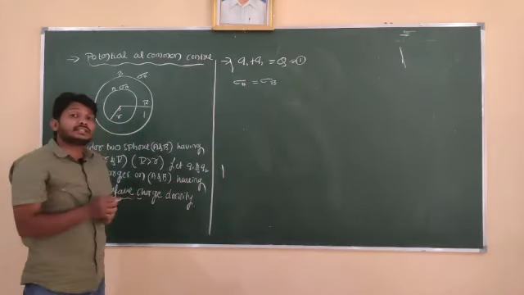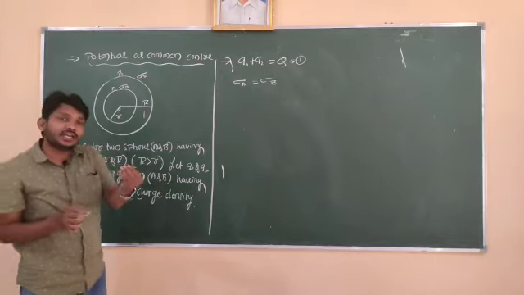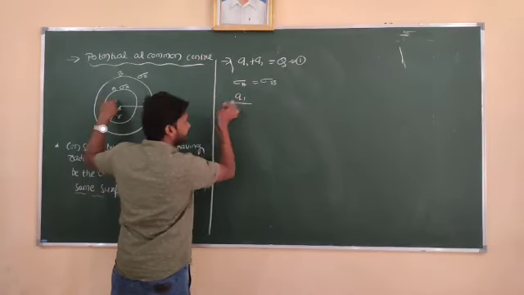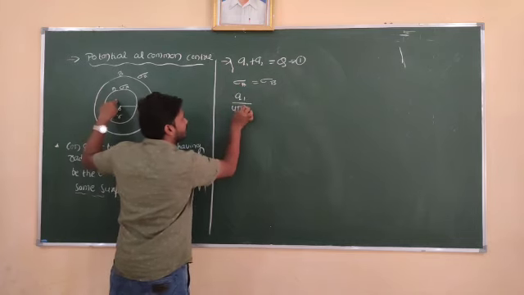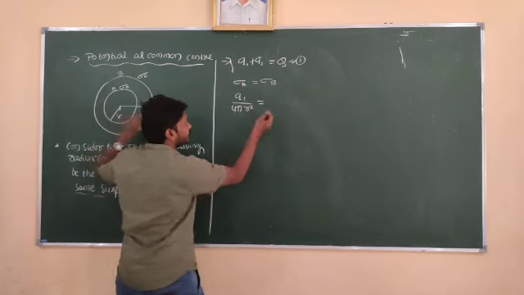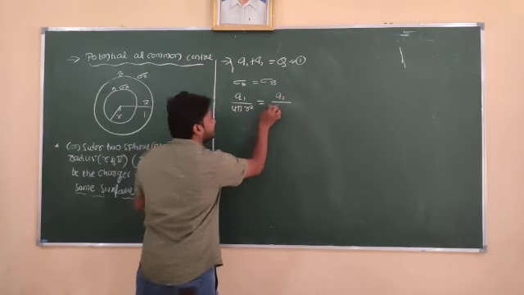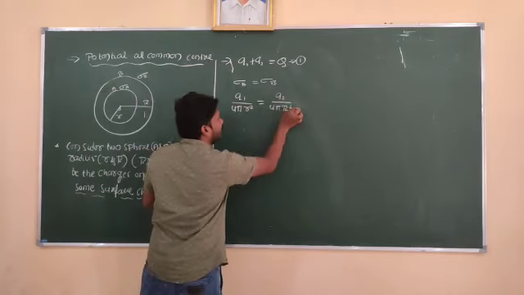Surface charge density is nothing but charge per unit area. The charge on sphere A is Q1 and the area of the sphere is 4 pi r square. Similarly, the charge on sphere B is Q2 and its area is 4 pi R square.